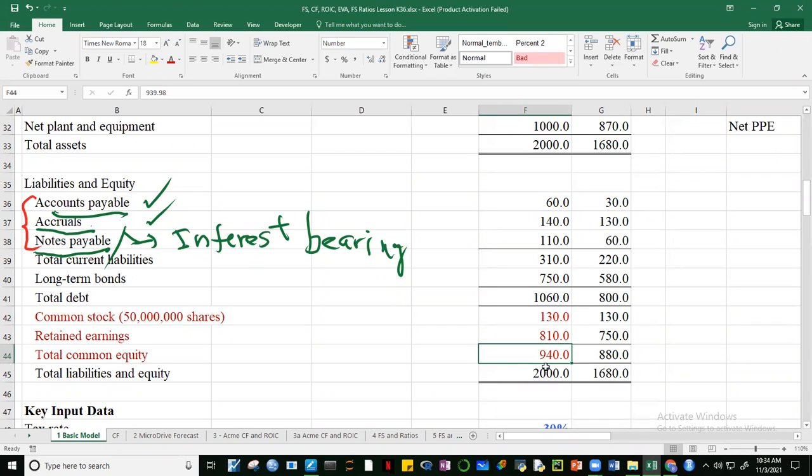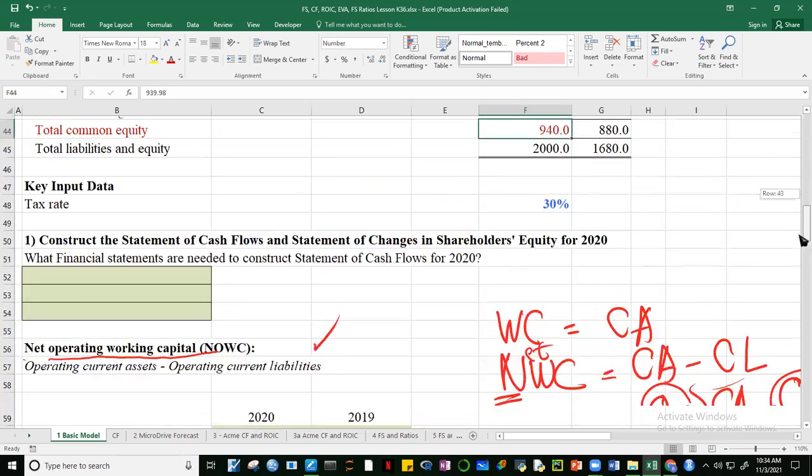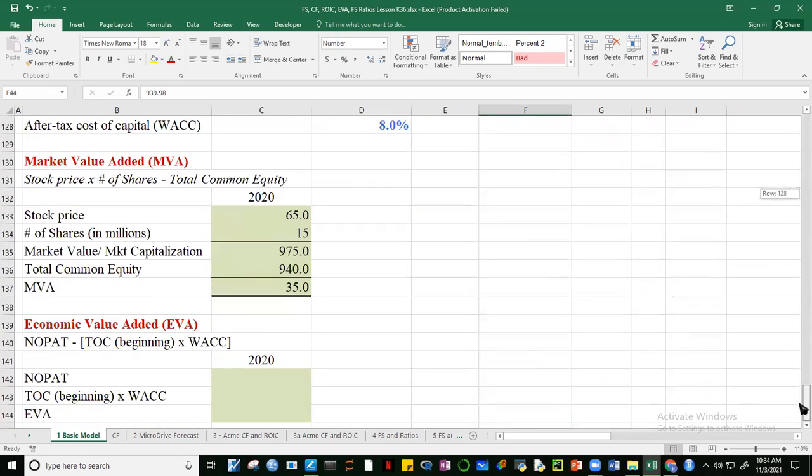So we're picking it up here from the balance sheet. This is the book value of your common equity. So that's 940. We just linked this one, F44, to your common equity. So this is our total common equity.